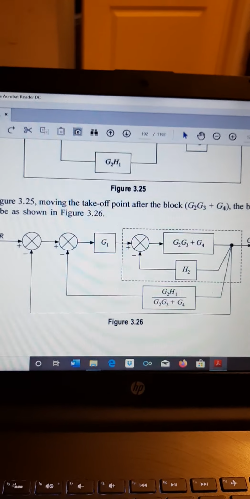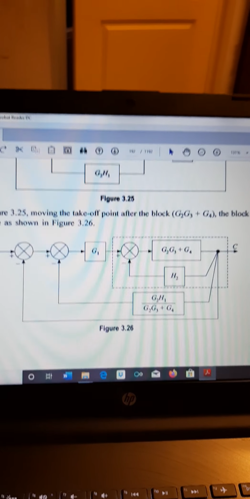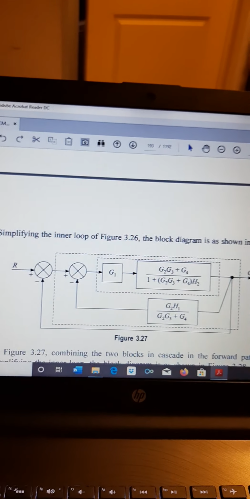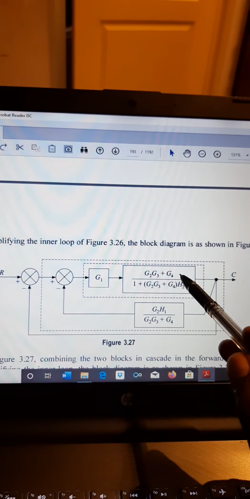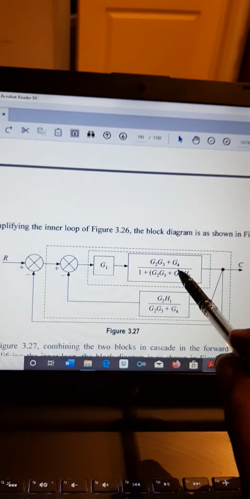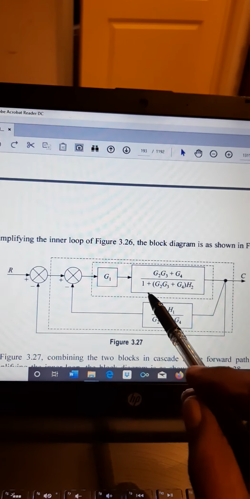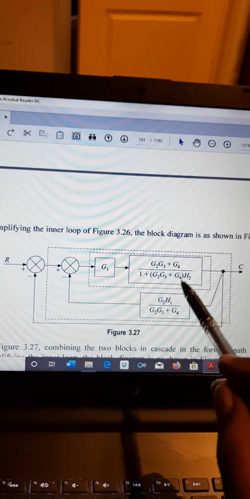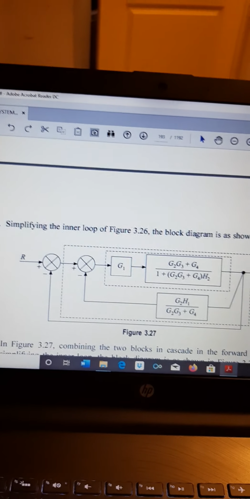Could you just explain to me, when you are reducing a simple feedback system, you will get it as the numerator G2 G3 plus G4 divided by 1 plus G2 G3 plus G4 into H2. This is the general formula.